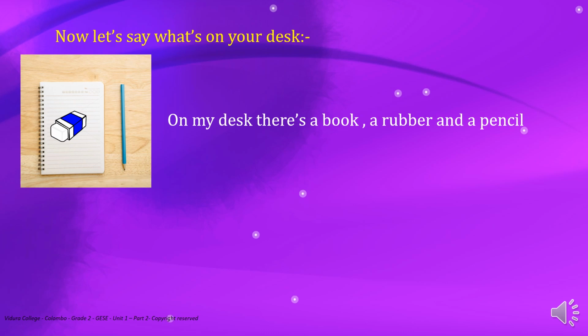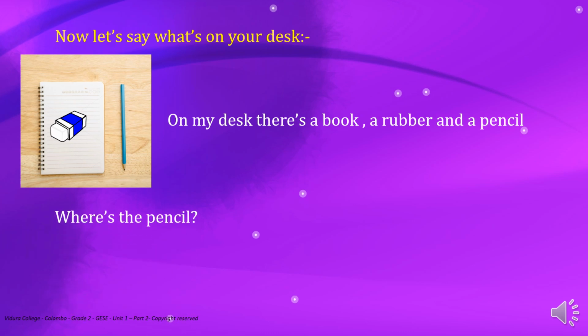You have to start with on my desk. There's a book, a rubber, and a pencil. Okay, instead of saying an eraser, you can use the word a rubber. Okay, so let's repeat again. On my desk, there's a book, a rubber, and a pencil. Easy peasy, just very easy.